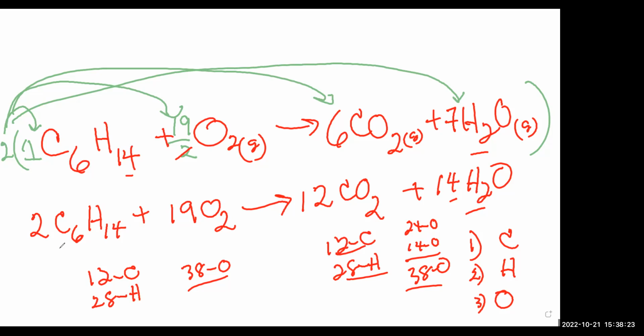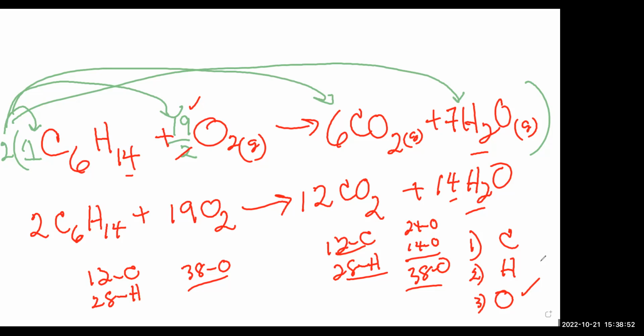Now, none of these numbers are divisible by 2. In other words, when you balance any equation, you want to bring it down to the lowest number, and you are at the lowest number, okay? And so this is what you do whenever you balance the oxygens and you end up with an odd number, okay? That being the case, you multiply everybody by 2 to get rid of that half.